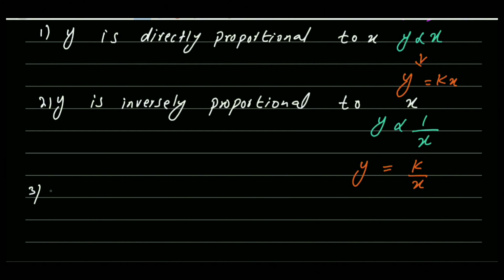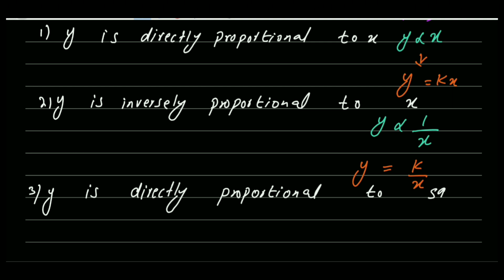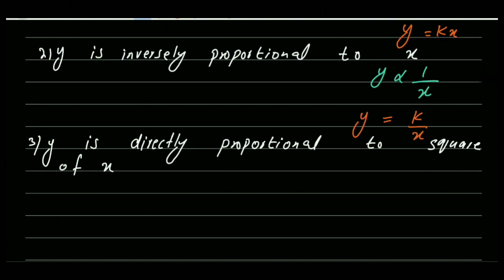If y is directly proportional to the square of x, then how will we write it? Then we will write y is directly proportional.